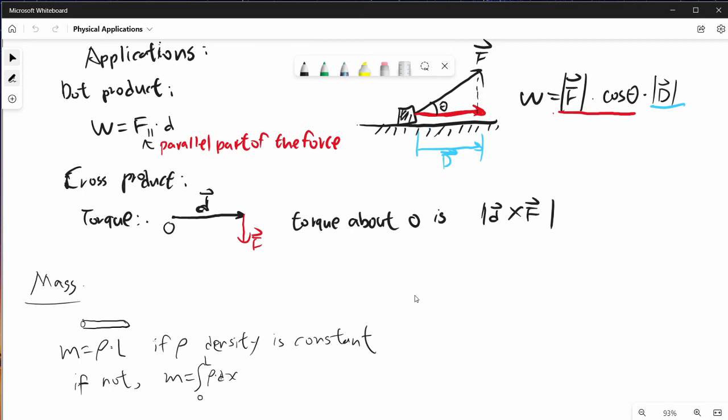But if you have a non-uniform density, then if you have a function for that, you can just integrate that function over the distance, and then you can get the total mass of that object.